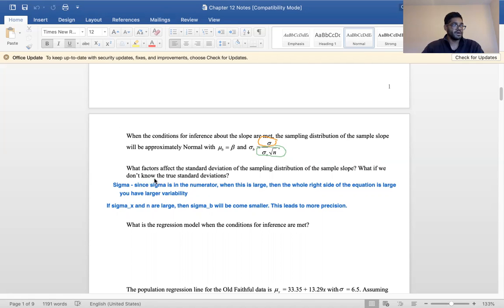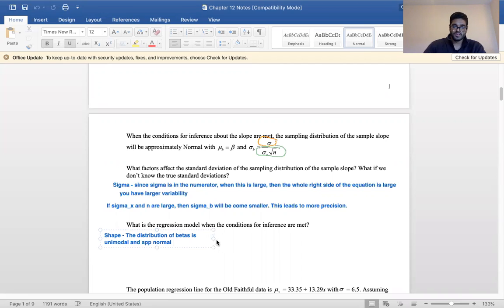So what about the regression model when the conditions for inference are met? Let's talk about a couple things here. The shape of the distribution of b values, of betas, is unimodal and approximately normal.